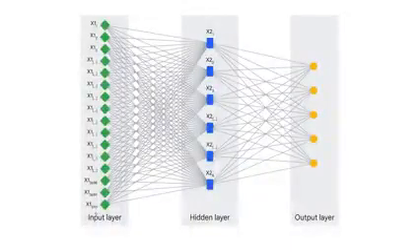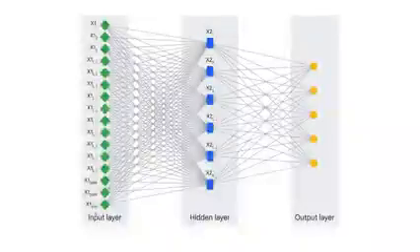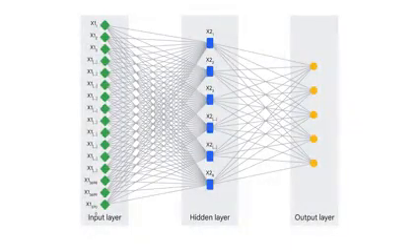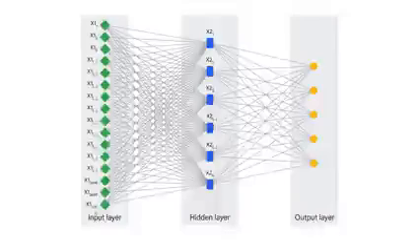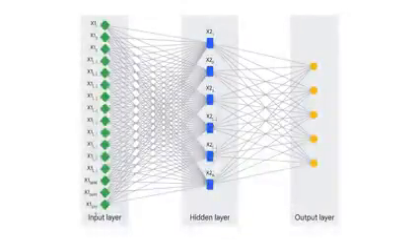This is called semi-supervised learning. In semi-supervised learning, a neural network is trained on a small amount of labeled data and a large amount of unlabeled data. The labeled data helps the neural network to learn the basic concepts of the task, while the unlabeled data helps the neural network to generalize to new examples.